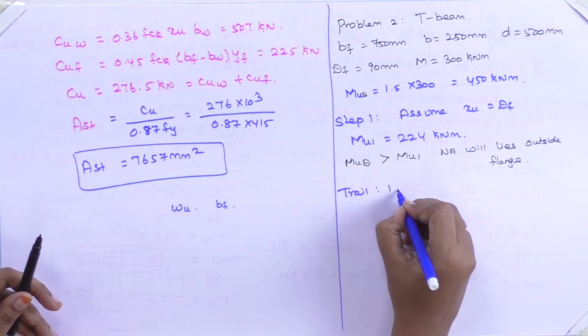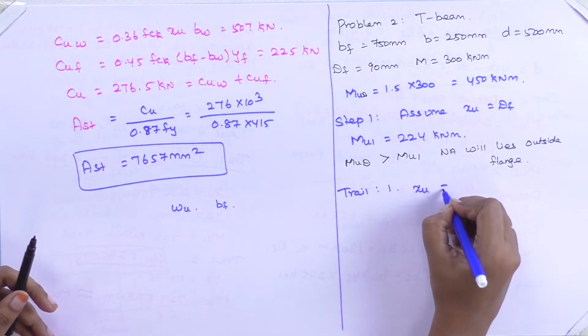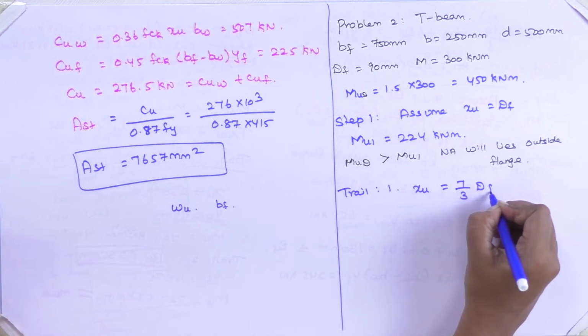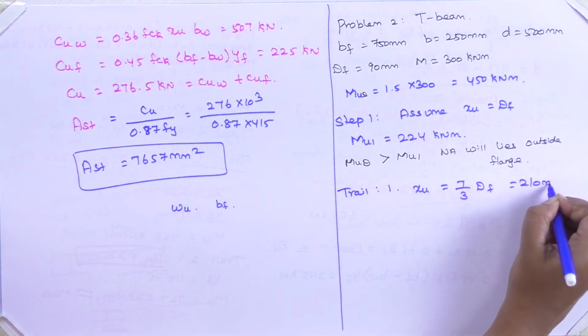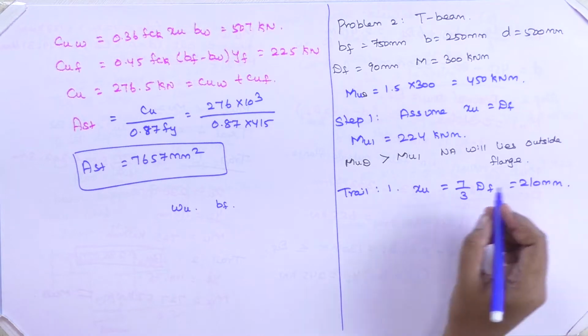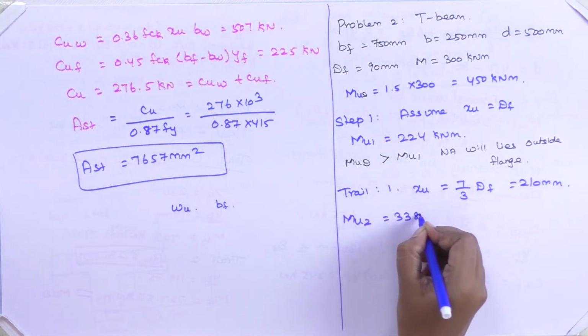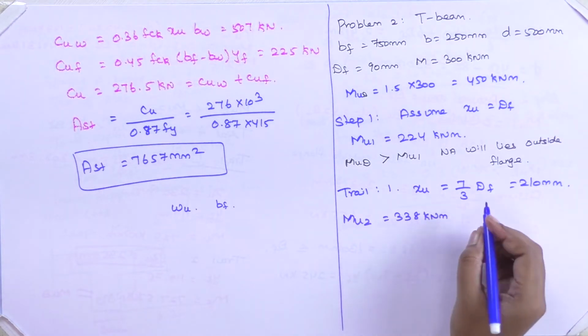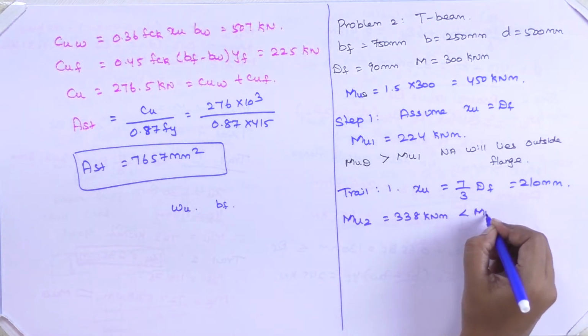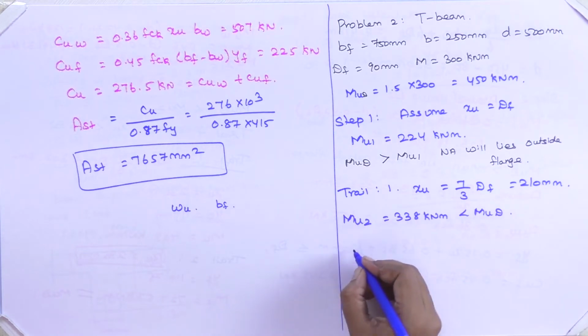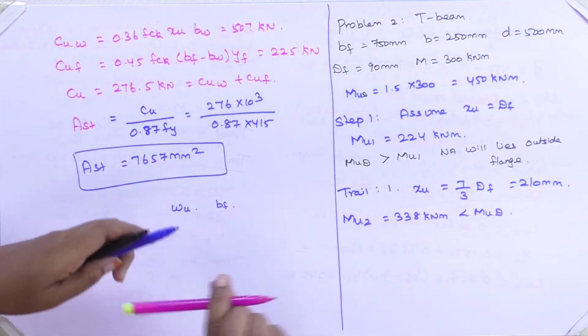Okay. Trial 1, XU is equal to 7/3 of DF, that is equal to 210 mm. So I'll calculate MU2, that is equal to 338 kilonewton meter, which is less than MUD. So I'll go for the next trial.